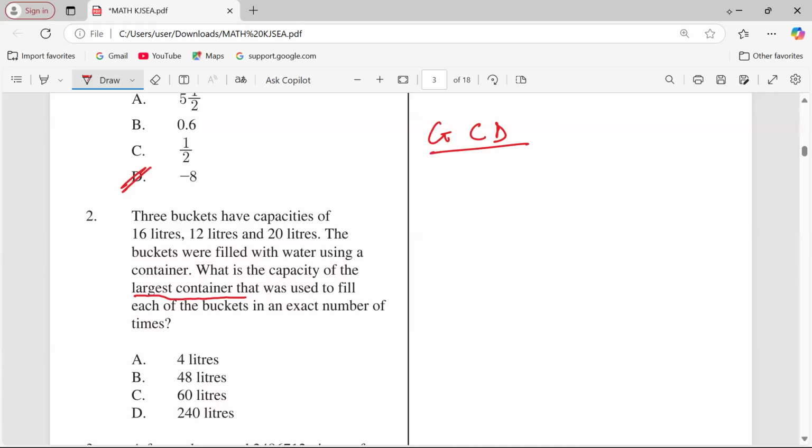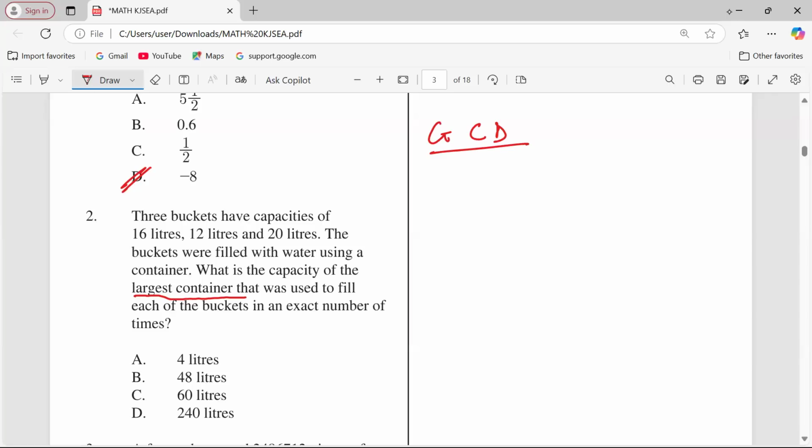If we were finding a container which is bigger than the buckets, that can be filled by the buckets, then we would have gone for a multiple of the capacities, which would mean the LCM. But in this case, we need a container that can fill the provided ones. So it should be a divisor of the provided ones.